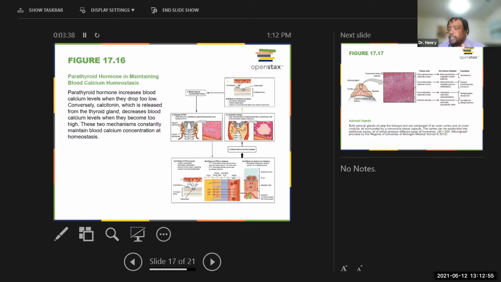The calcitonin causes the stimulation of the osteoblasts. So then you're starting to get calcium deposited in bones, and you're going to be removing it from the bloodstream. And it inhibits the osteoclast, which is known for breaking down bone.